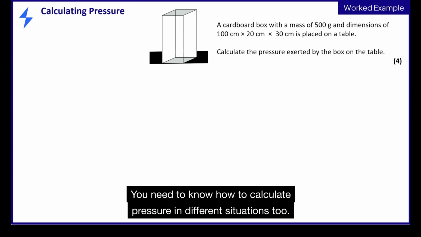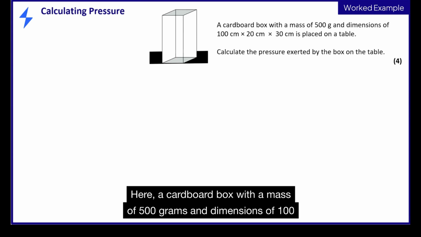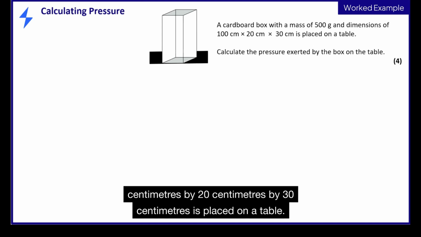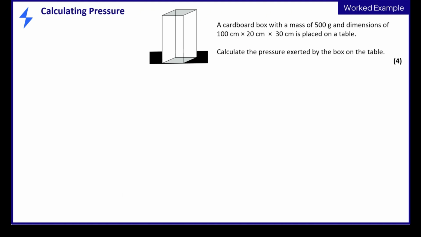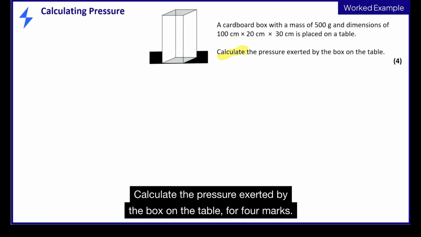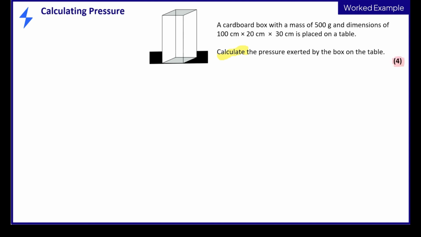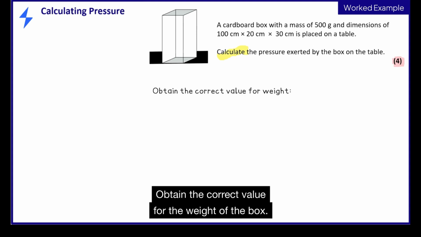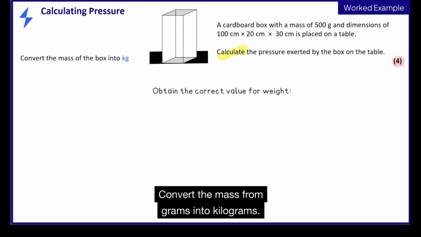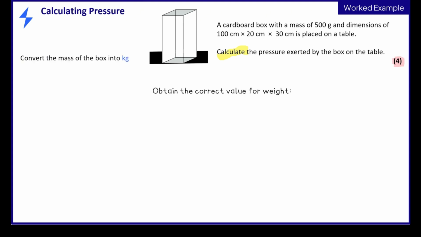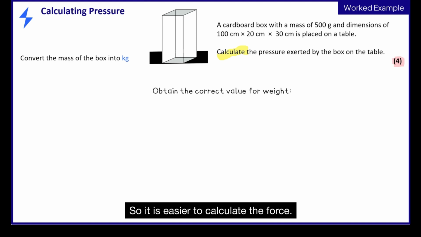You need to know how to calculate pressure in different situations too. Here, a cardboard box with a mass of 500 grams and dimensions of 100 centimeters by 20 centimeters by 30 centimeters is placed on a table. Calculate the pressure exerted by the box on the table for 4 marks. Obtain the correct value for the weight of the box. Convert the mass from grams into kilograms so it is easier to calculate the force.